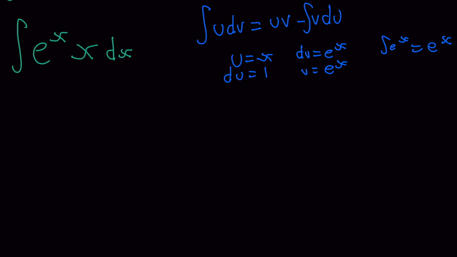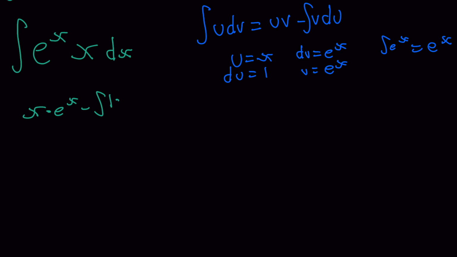First off, we have u times v, so x times e to the x, subtract the integral of v du, which is just v times 1. The reason we want to make u simpler is for stuff like this.